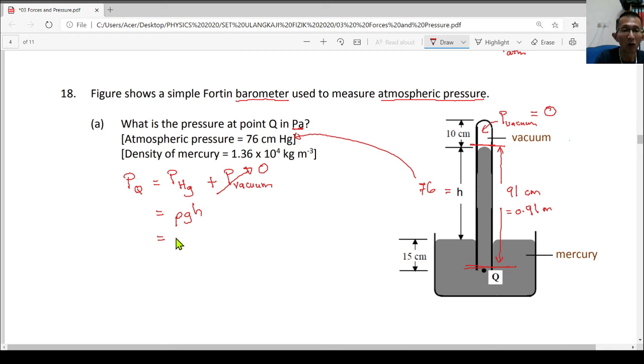Our density is 1.36 times 10 to the power of 4 kilogram per cubic meter, our g is 10, and our h is 0.91. So plug the numbers into your calculator. You should be able to get 1.238 times 10 to the power of 5 Pascal.